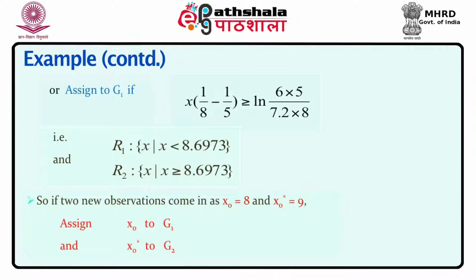Getting this R1 and R2 is the discriminant analysis part, and when you come to the last part of putting x0 or x0 star into one of these groups, you are actually classifying new individuals into the two well-defined regions. But this problem is simple because we are looking at a single variable. When you have a vector of characteristics for each individual, the problem becomes slightly more difficult, and that is something we'll be looking at in the coming modules.